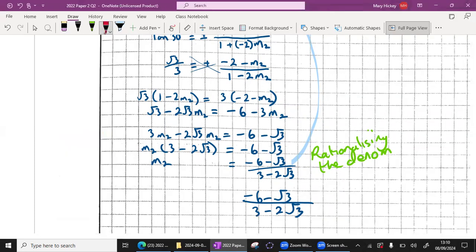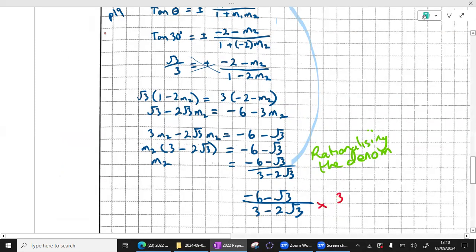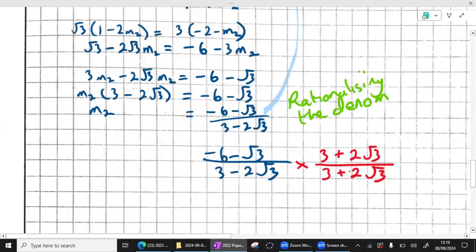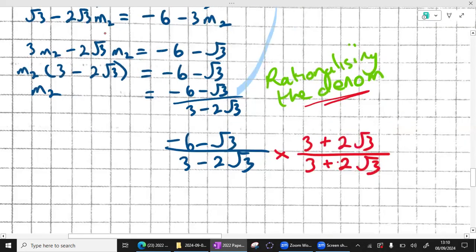So we're going to multiply top and bottom by the conjugate. So in other words, I change the sign of the bottom and I multiply top and bottom by the bottom with the changed sign. So it's a technique called rationalizing the denominator, which really means getting rid of the thirds in the denominator.